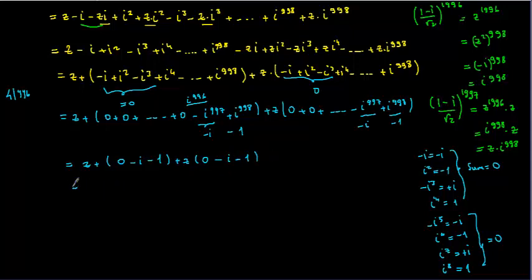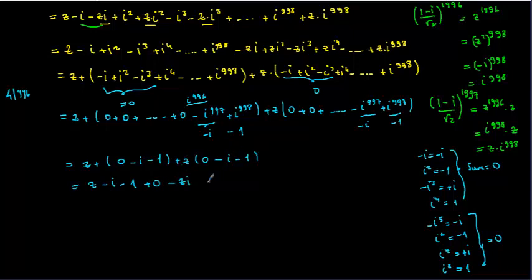It's equal to z times 0 plus 0, but we are not going to write minus I minus 1. Z times 0 is equal to 0 plus 0. Z times minus I is equal to minus zi.